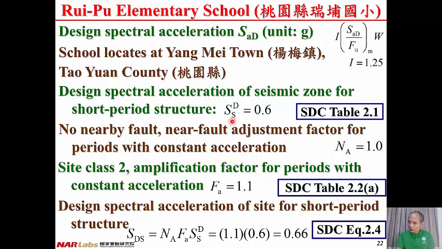Once we have SsD 0.6, Na 1.0, Fa 1.1, and we multiply all the three parameters together, then we have SDS equal to Na multiplied by Fa, and then times SsD, equal to 1.1 times 0.6 equal to 0.66 from equation 2-2.4 of the seismic design codes.